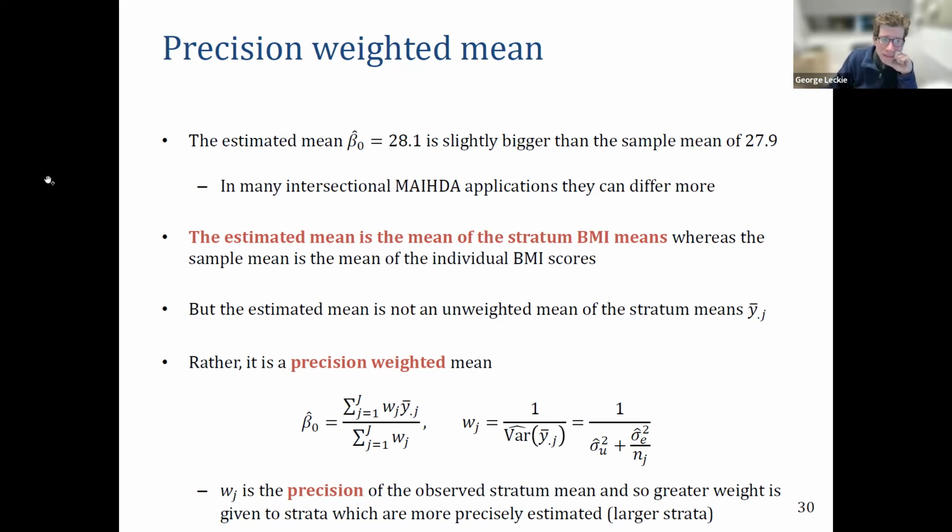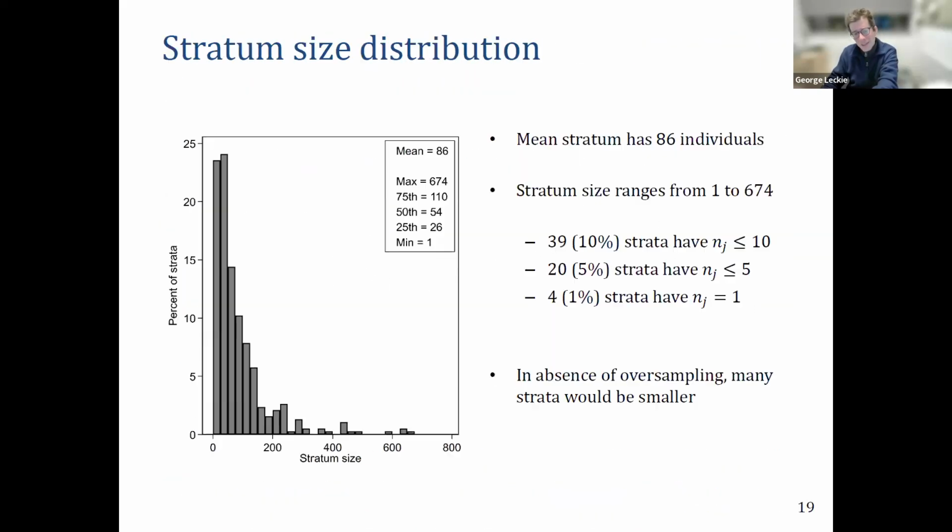But it turns out that in many intersectional MAIHDA applications, you can see quite a pronounced difference between these two numbers. And we're referring to both of them as the mean, so it seems odd that they differ in their number. And the reason why we see differences quite often in intersectional MAIHDA applications is because we have quite unbalanced data.